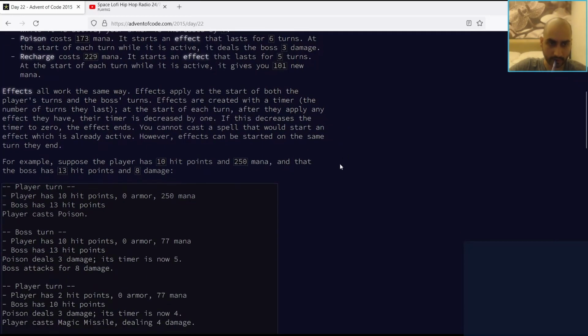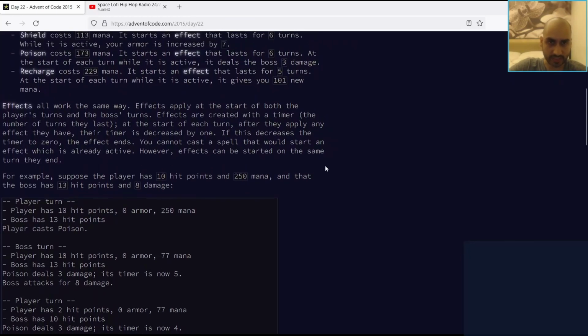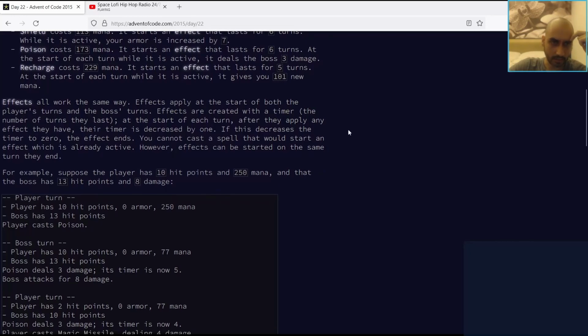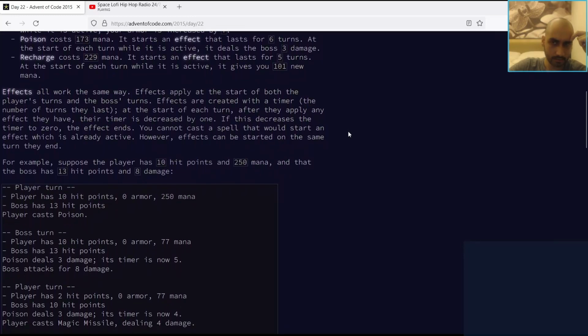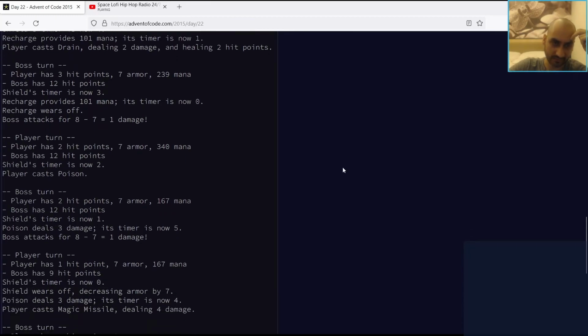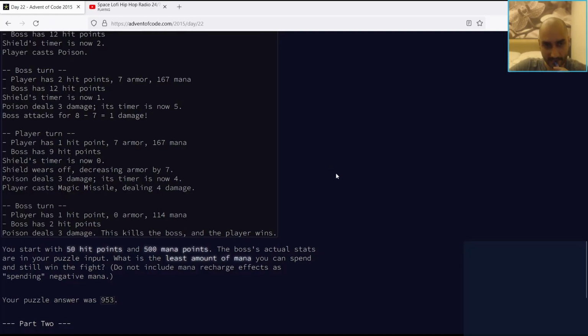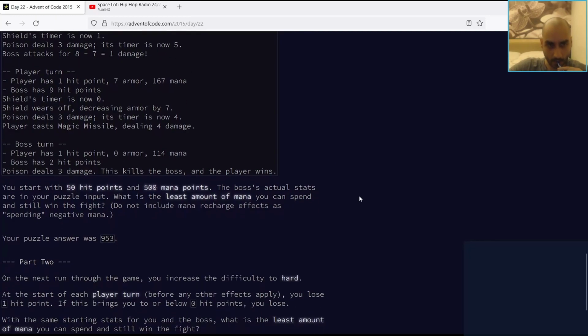I don't remember, but I assume I would have just given a fixed mana, used a search to see if there's any path which leads to 0 on the enemy's part, and Dijkstra, or A star even, would help cut out a lot of branches. And then just halve the mana or double it or whatever, to do binary search on the starting manas. I assume that's what I did.